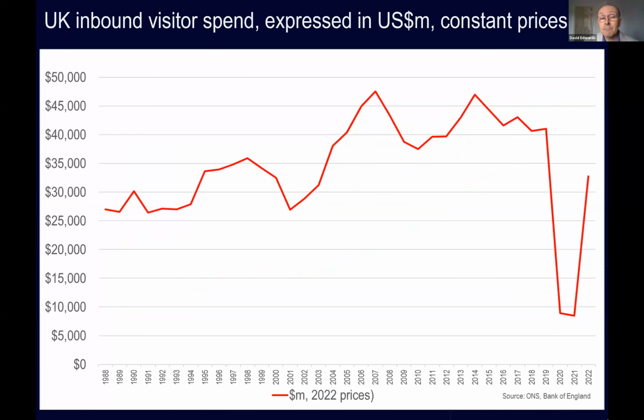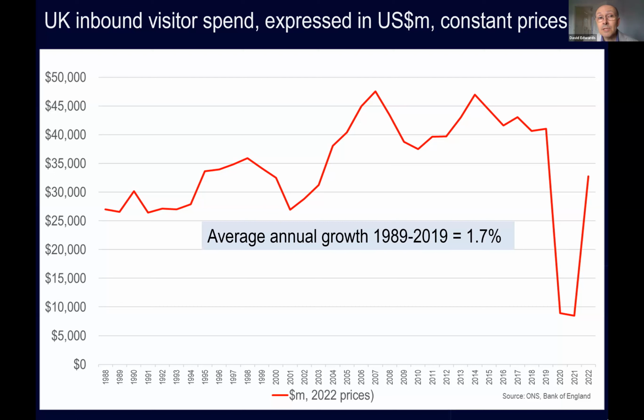It's exactly the same base series adjusted for inflation of inbound visitor spending to the United Kingdom, but this time converting to US dollars using the exchange rate that was applicable in each and every year as it passed through. If we do that, we'd be talking about annual growth in US dollar terms of inbound visitor spending to the UK of just 1.7% compared to that 2.7% in sterling.